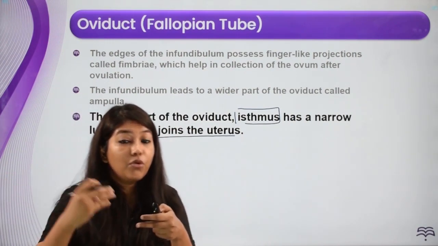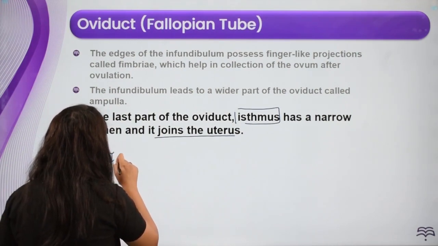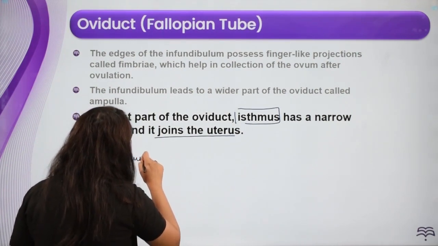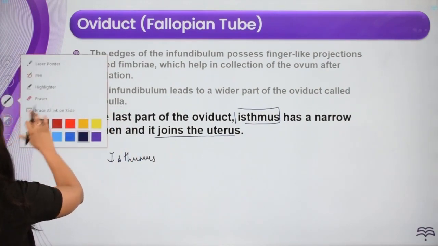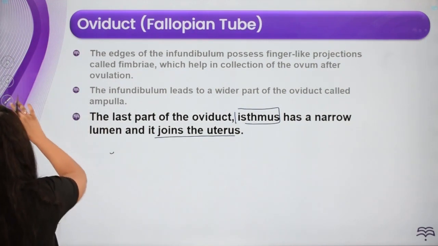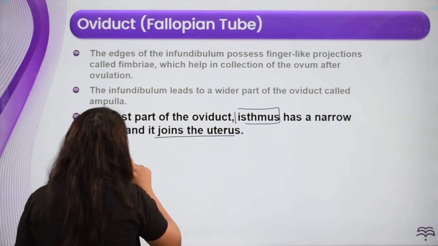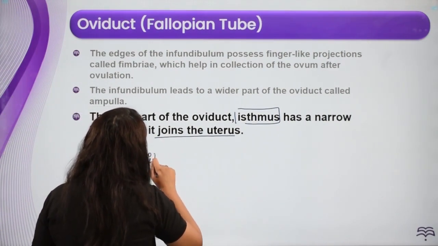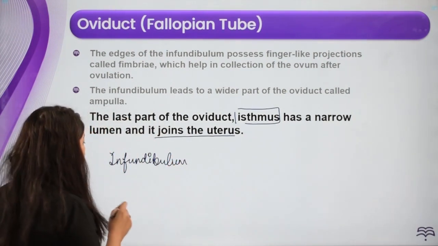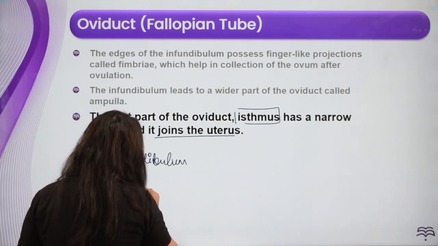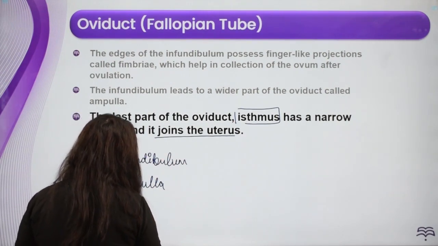So now I think you people can make the sequence. The part which was closest to the ovary was infundibulum. Then the infundibulum opened into the ampulla, and then the ampulla opened into the isthmus.